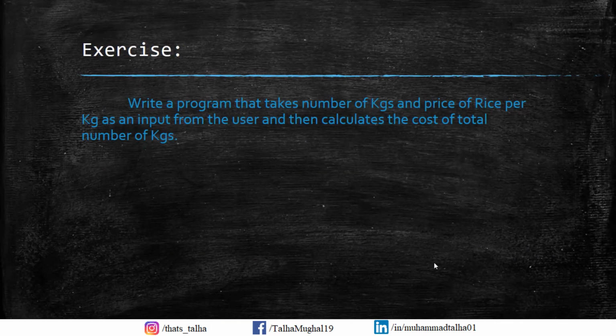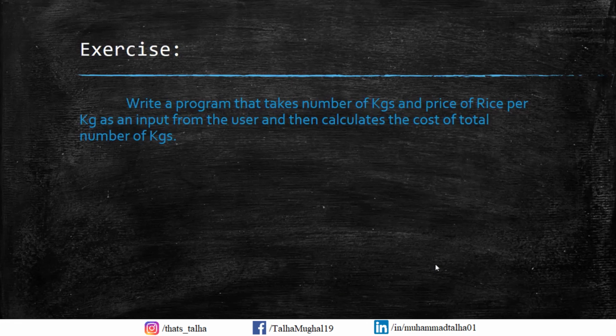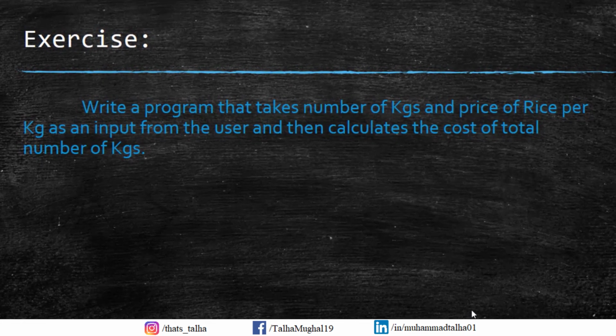In the last section of this chapter, we have a Python program to make to strengthen our concepts of what we have learned so far. Write a program that takes number of kgs and price of rice per kg as an input from the user, and then calculates the cost of total number of kgs. So here we have to take 2 inputs from the user in runtime.